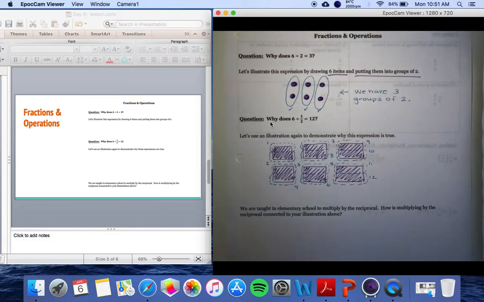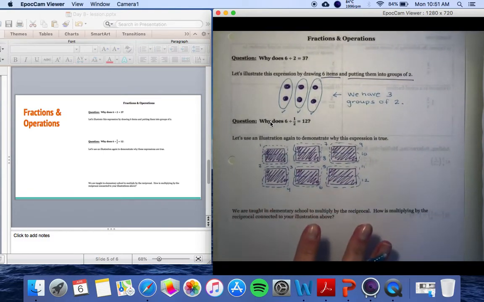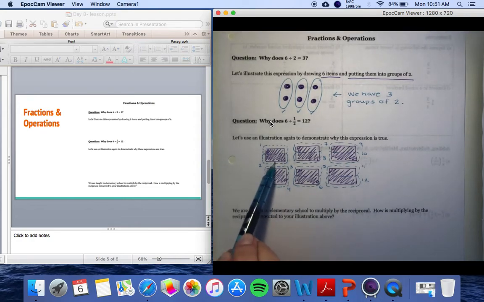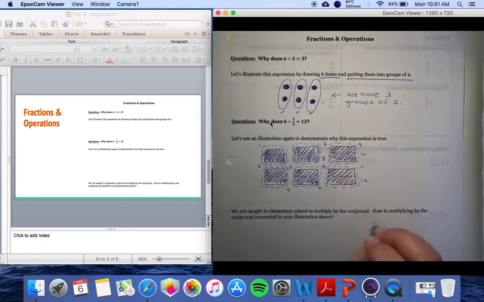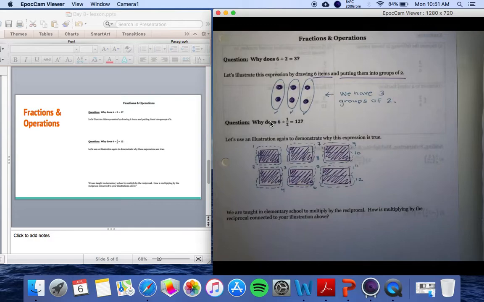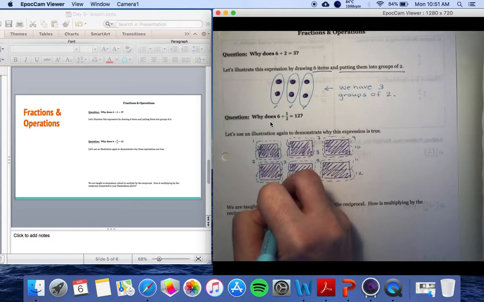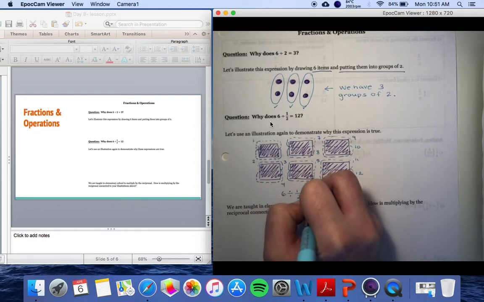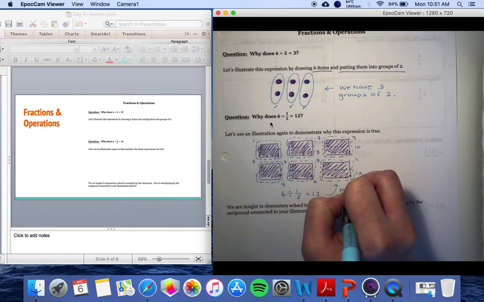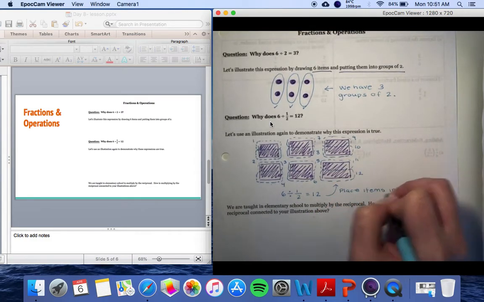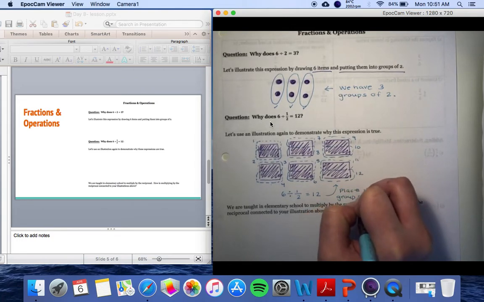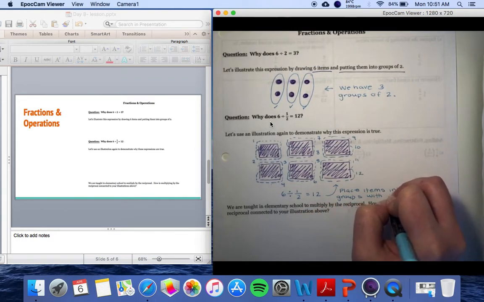Okay, so you notice now that once we've split up every single item here, pretty much into half, what we are left with are 12 groups of halves. So in other words, what we want to write here, so I'm just going to draw a little note at the bottom so you can remember why I did this. So 6 divided by a half equals 12, meaning that we are going to place items into groups with half an item.